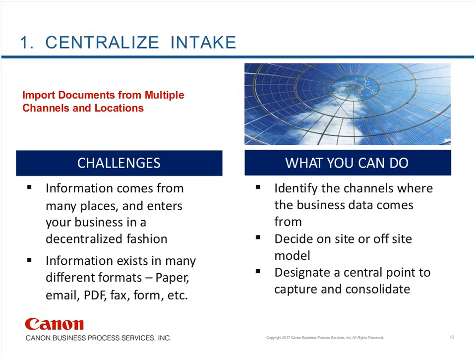But after that, depending on the model you choose, you want to designate the point of capture and begin to consolidate the information streams through that point. The reason for this is, A, you want to ensure that all the useful data will be handled by the new workflow. You don't want any outliers. And then B, you want to remove any duplication of efforts where possible. It's important to note that centralization does not have to disrupt ongoing processes that need to stay in place.